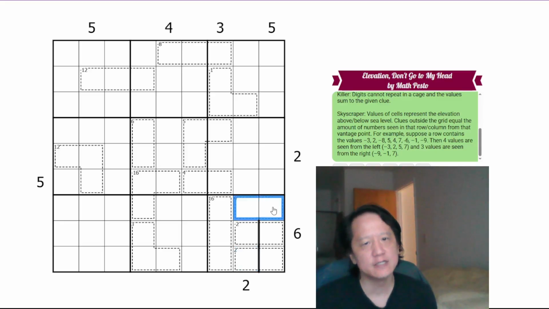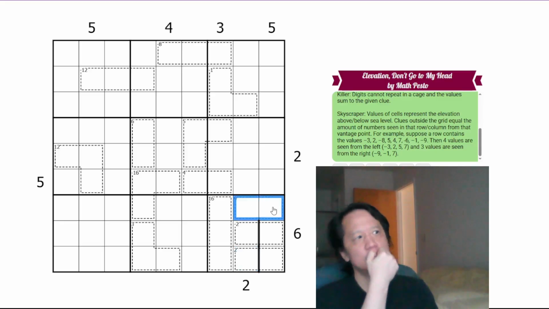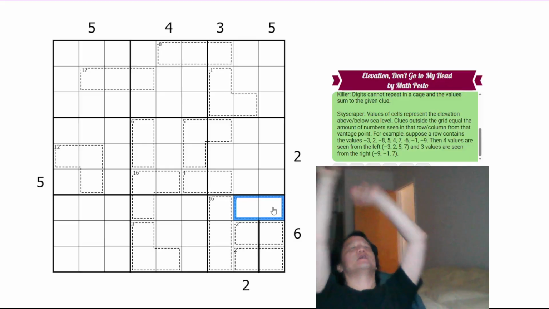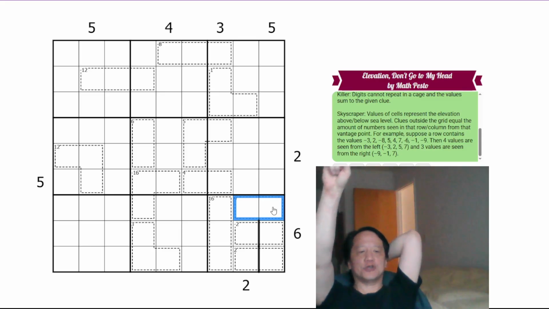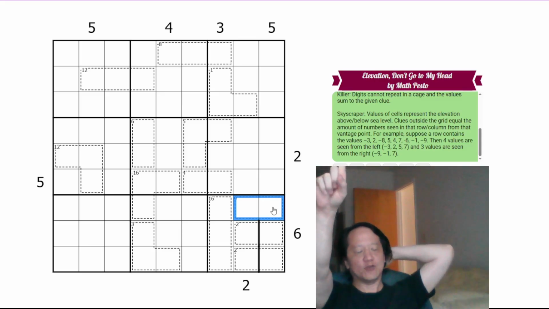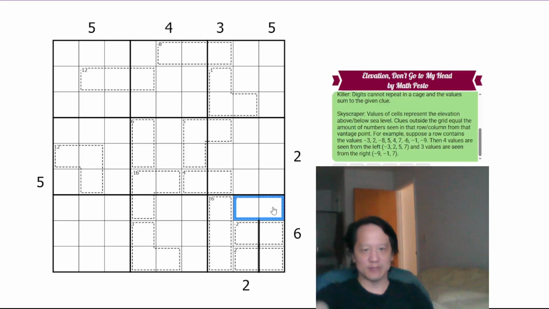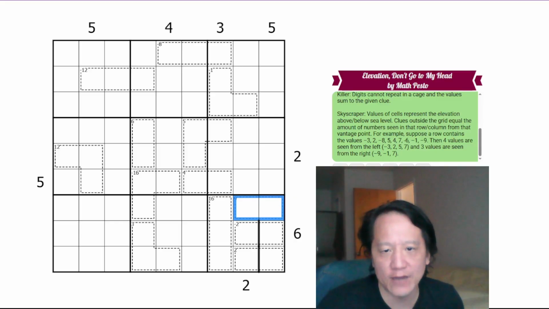Oh, to get to 9. So can 2 digits add up to 9 with 1 being a negative? The answer is no. Because if one's a negative, you would have to have at minimum -1 and 10 to add up to 9. So these both have to be positive here. Interesting.